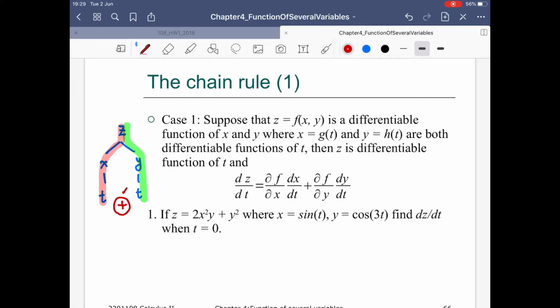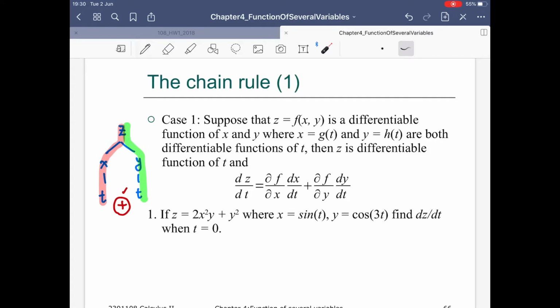What you are going to do is first find the derivative of z with respect to x. Because z is a function of two variables, you use the curved ∂ instead of a straight d. So you have ∂f/∂x, followed by the derivative of x with respect to t.